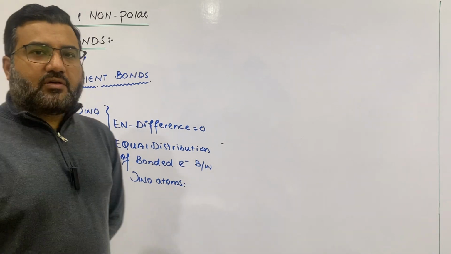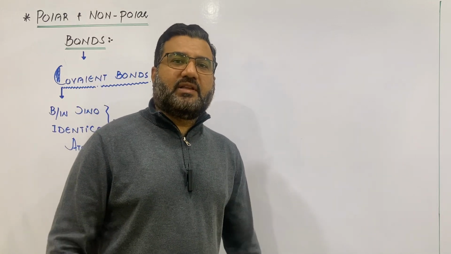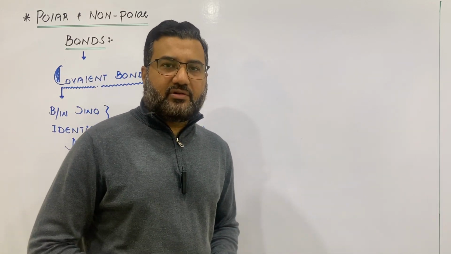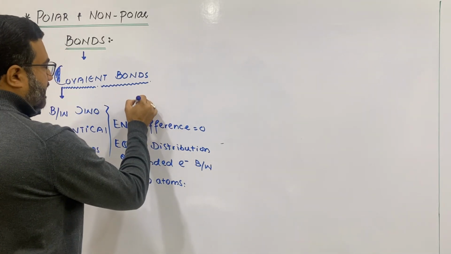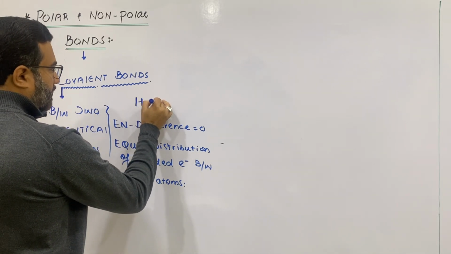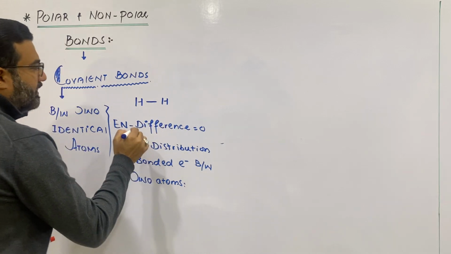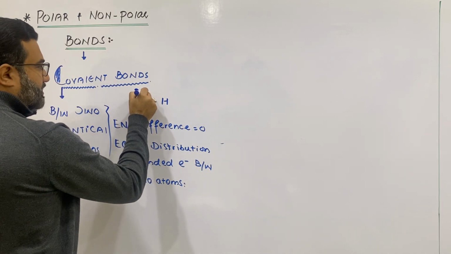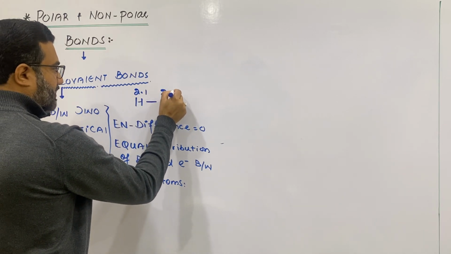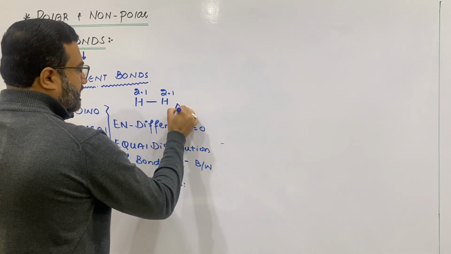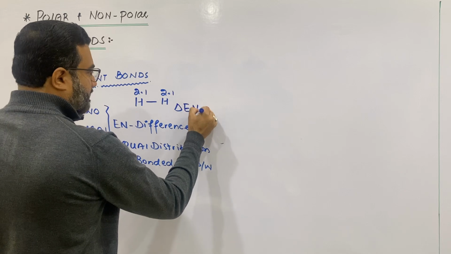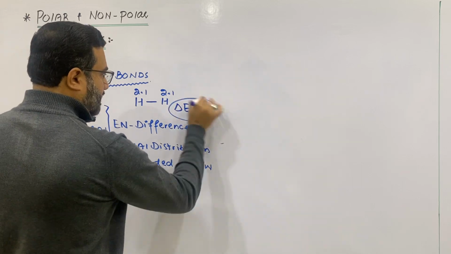So the molecular orbitals of the two bonded atoms will have the same electron density. For example, if the bond is between two hydrogen atoms, the electronegativity of this hydrogen is 2.1 and the electronegativity of the other hydrogen will also be the same. So here the difference of electronegativity will be 0.